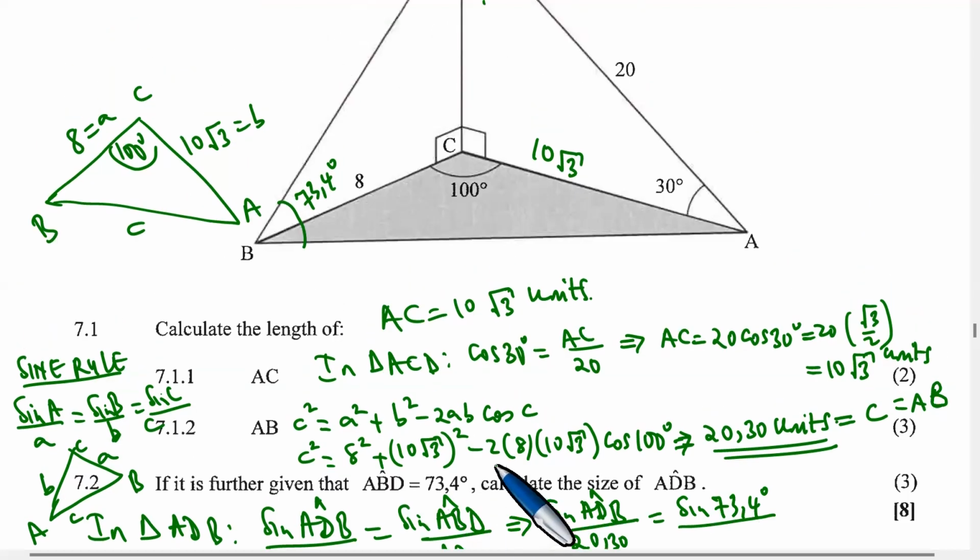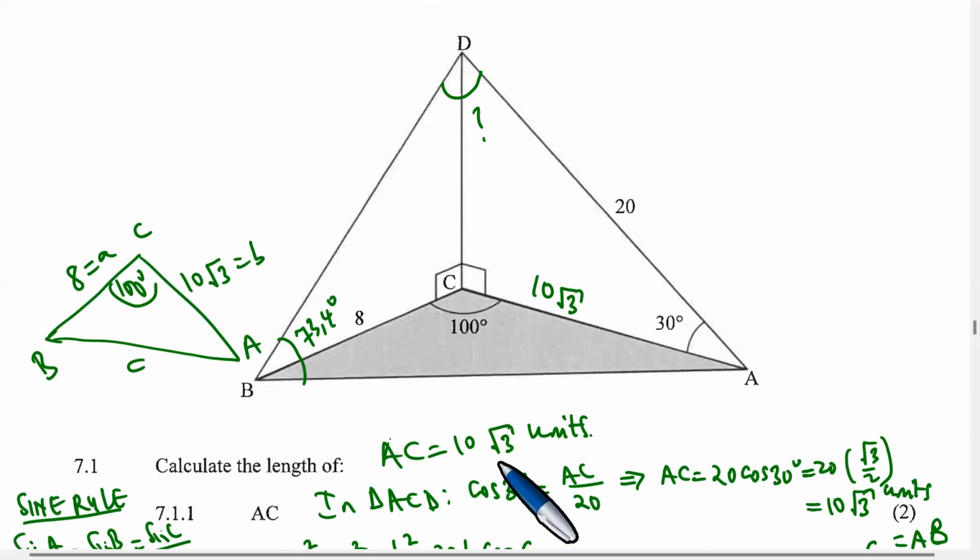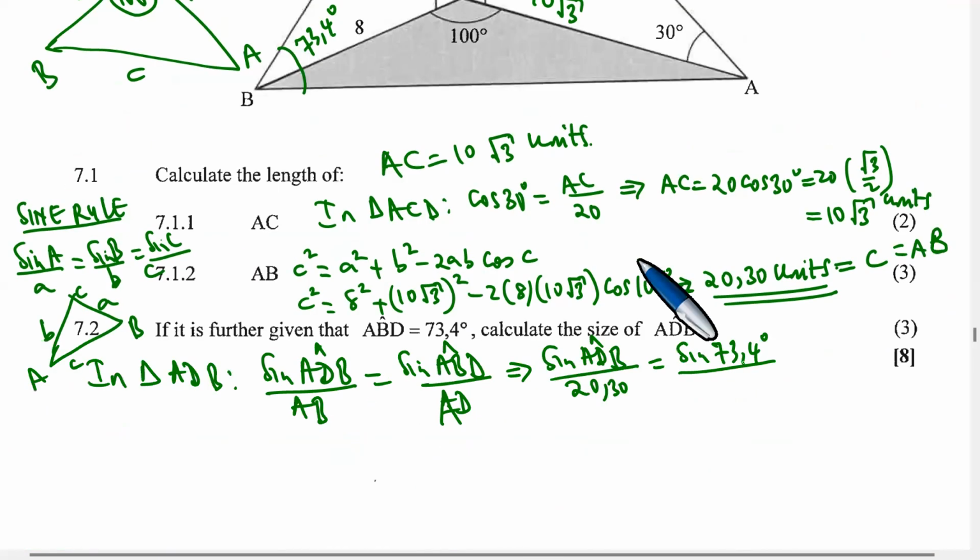What is AD? AD is 20. So you put 20 here like this. And then you just need to get what they want, the ADB.